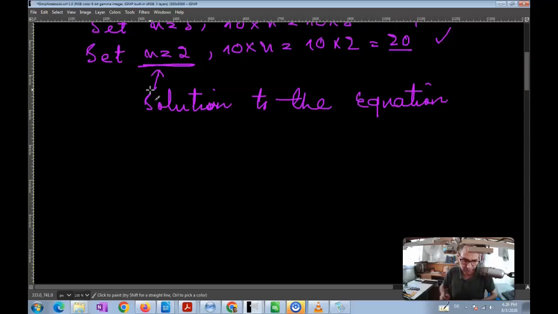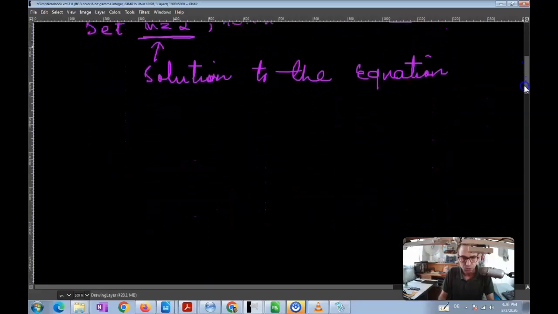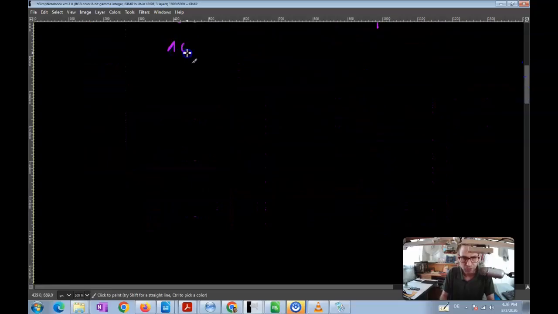So we need to find a better way to solve these equations. So what can we do? The same equation, 10 times x or 10x is equal to 20.